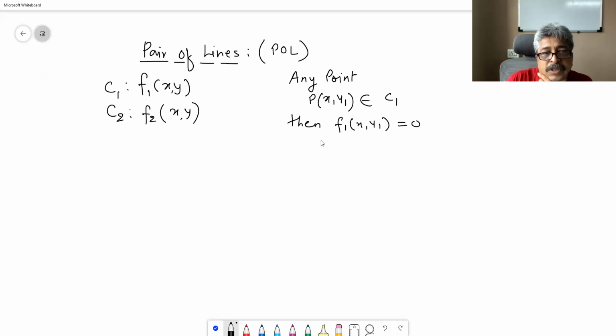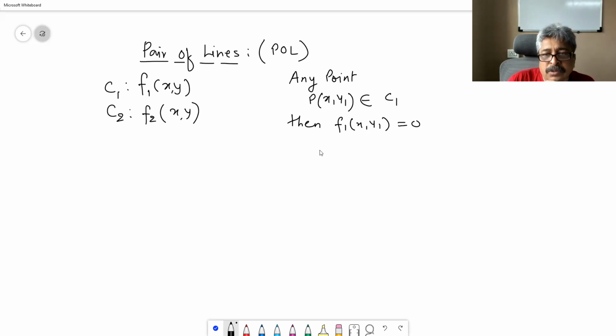This curve is given to you, and this point satisfies this algebraic equation, makes it 0, if that point belongs to the curve.